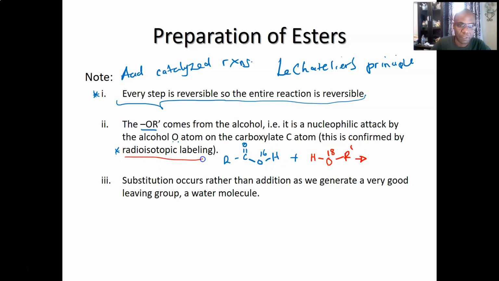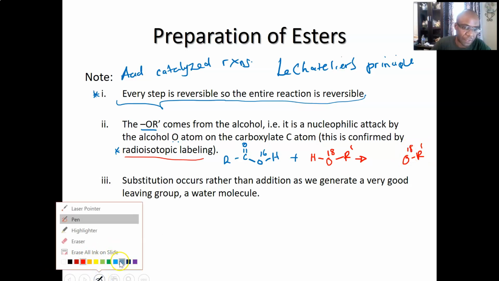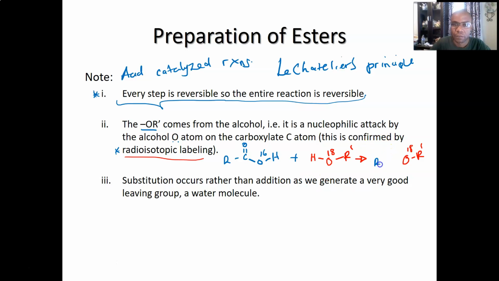That's what's called radioisotopic labeling, because in this reaction it was found out that the oxygen 18 stayed. Okay, whenever this scientist called Fischer was doing the mechanistic studies, he discovered that during this reaction, the oxygen of the alcohol stays, the oxygen of the carboxylic acid goes. You no longer have the oxygen 16. Where did that go? It's lost as part of the water.